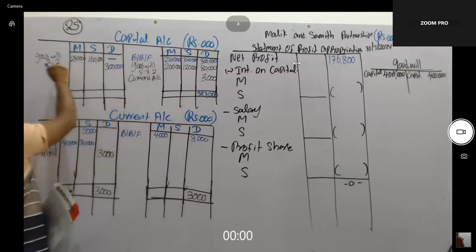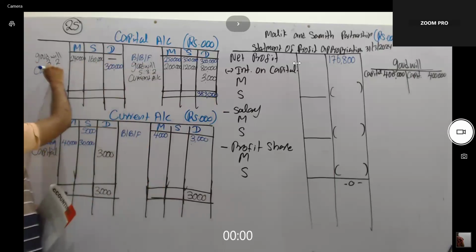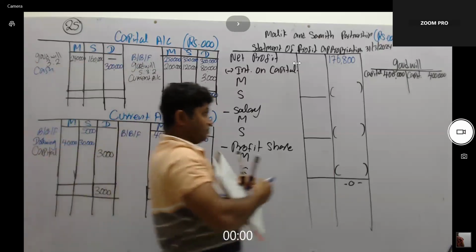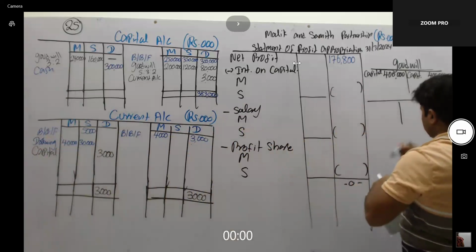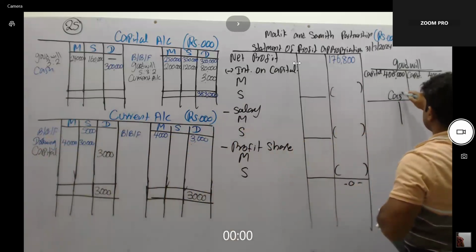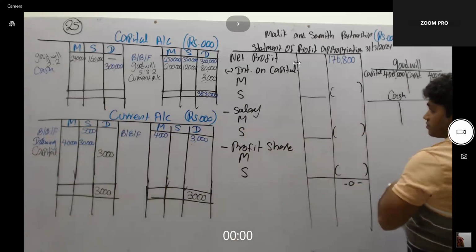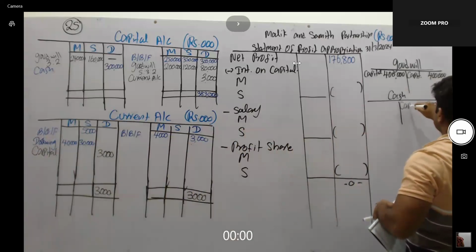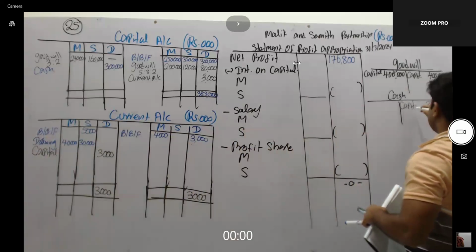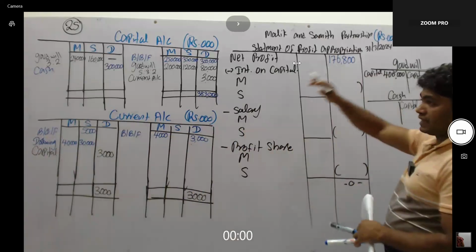Debit partners capital account as cash. Therefore, prepare the cash account also. At the time of retirement, paid in cash affects a cash decrease. Cash account credit 300,000 as a capital. This is the value paid in cash at the time of retirement.